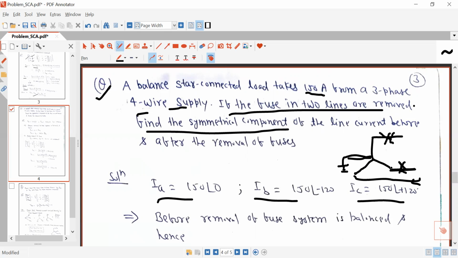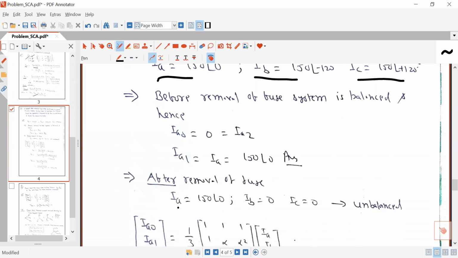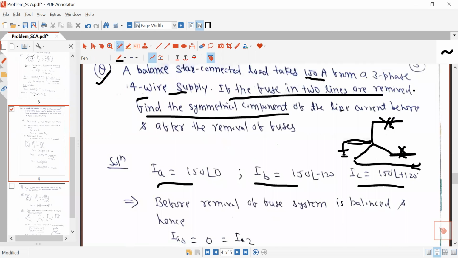Obviously, the phases in which fuses are removed will have 0 current. So this makes an unbalanced system. The question is, calculate the symmetrical components before the removal and after the removal of the fuse.